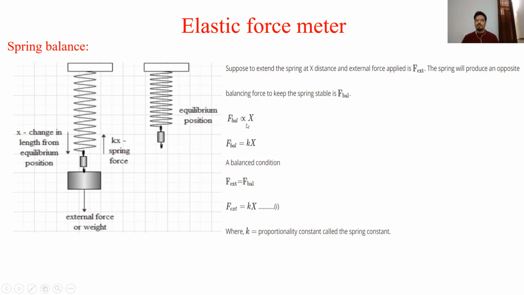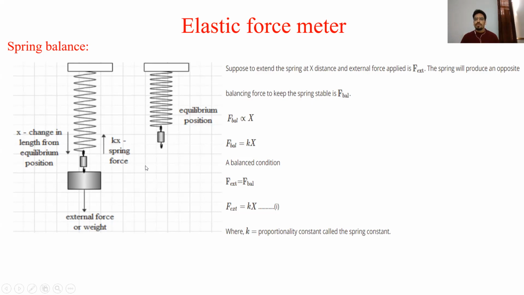So F balance is directly proportional to x. It means that if you apply the balance force, the spring will be deflected by a distance x. Therefore F balance equals K into x, and K is the proportionality constant called the spring constant, which tells for how much force the spring will be deflected by how much value.